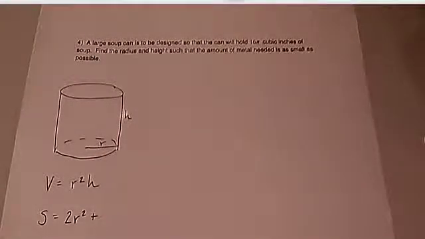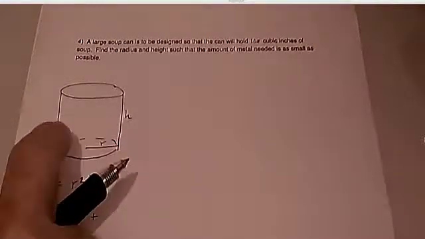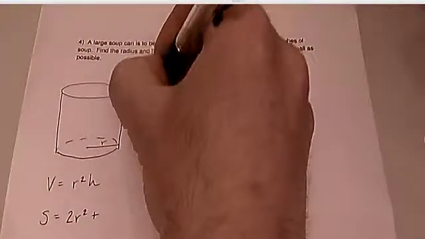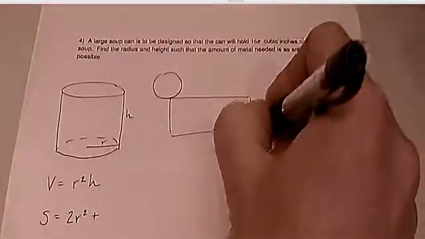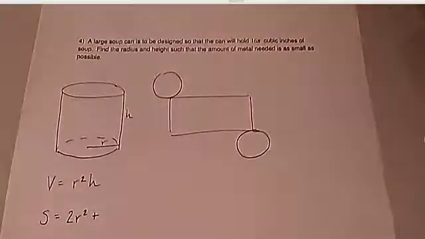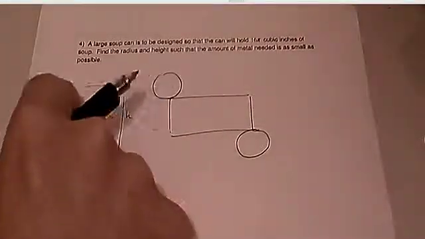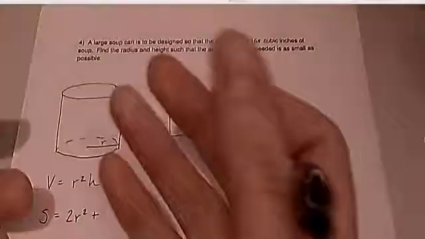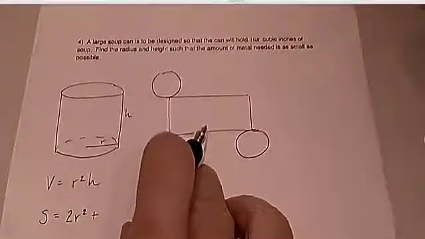Now, you have to remember that the outside of that cylinder right there is really just a rectangle. So if you were to cut open and unfold it, what you would get is something that looked like this, okay? So if you were to cut the top, cut the bottom, and slice this thing down the side and unfold it, it would look like this.